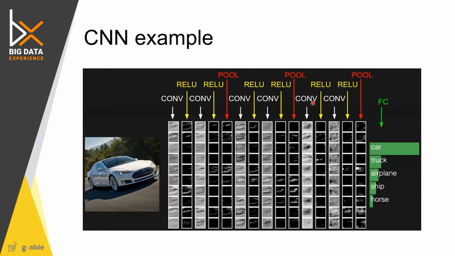Let's look at some examples of the convolutional neural network here. A convolutional neural network is used to process images.